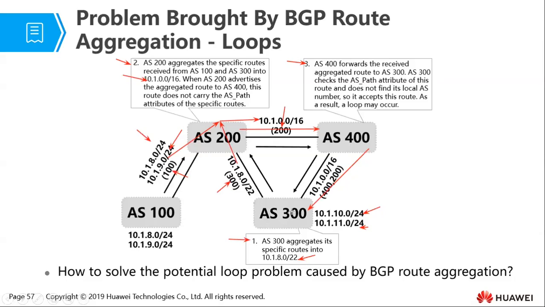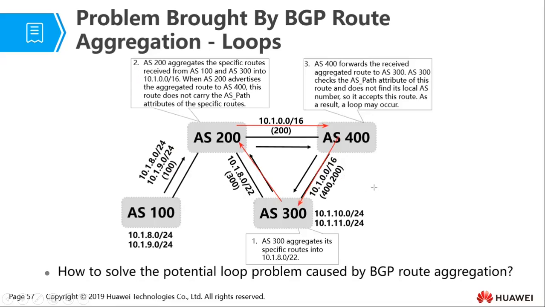So you see, this route came from AS300. It was aggregated, sent to 400, and it's now back here. And because we lost the AS path information when the routes were aggregated at AS200, this guy is simply going to accept it.